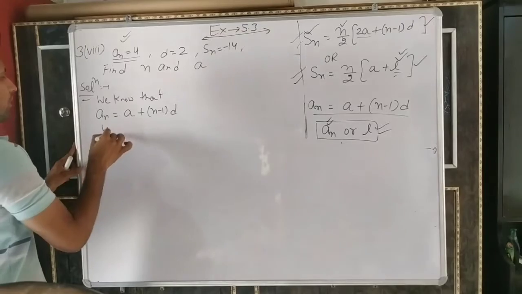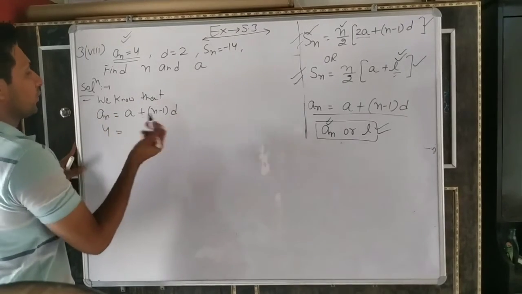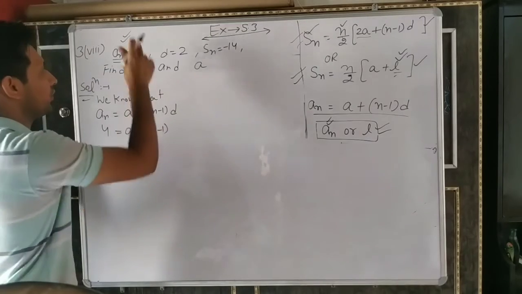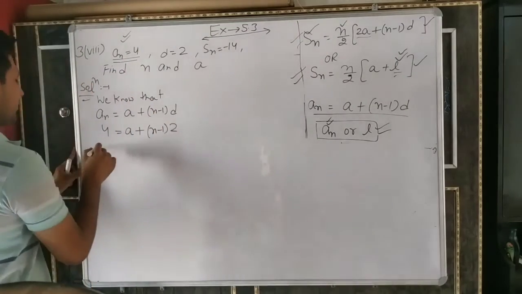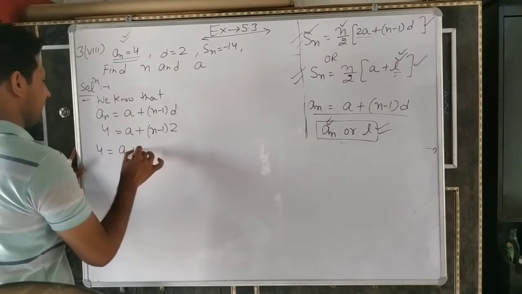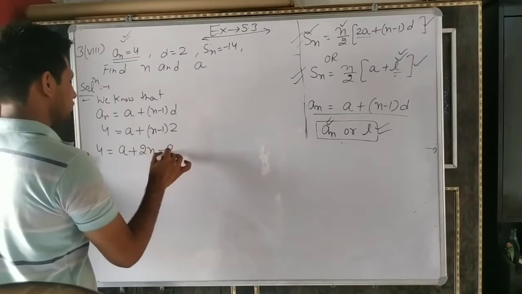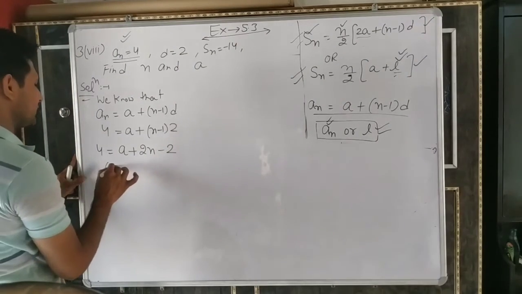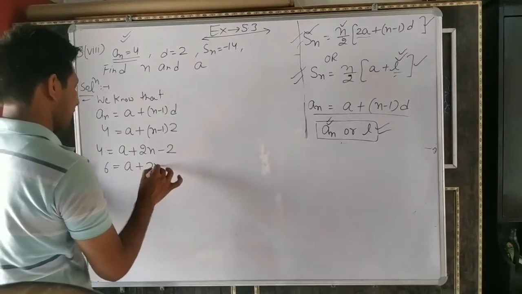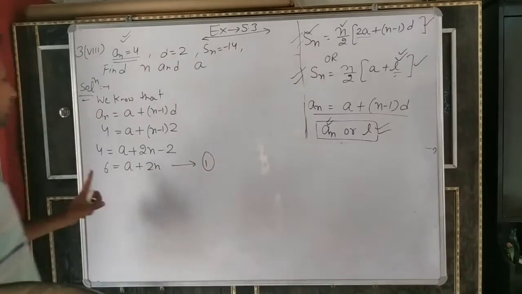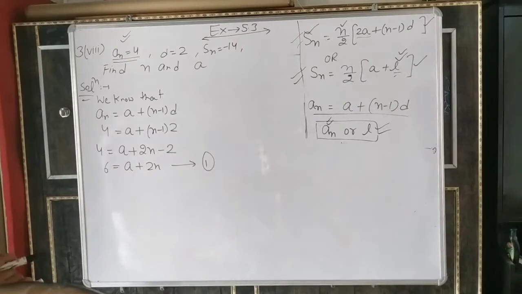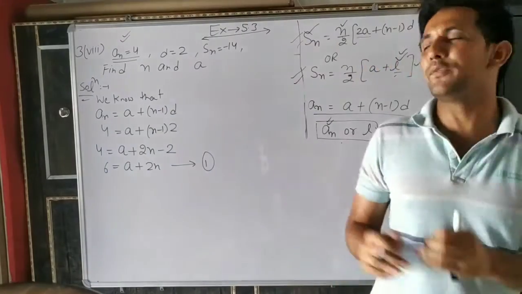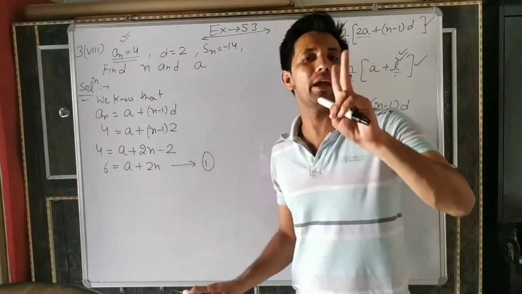The an value is 4. a we don't know, we want to find it. And n minus 1 into d is 2. So it becomes 4 equal to a plus 2n minus 2. Minus 2 on the other side becomes positive. So 4 plus 2 is 6, equal to a plus 2n, equation number 1. So it is also in 2 variables. So we will make one more equation. Always dear, in any question, if two variables are given, we will make 2 equations.